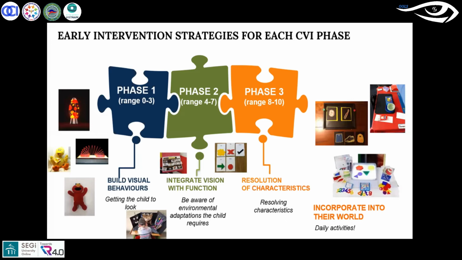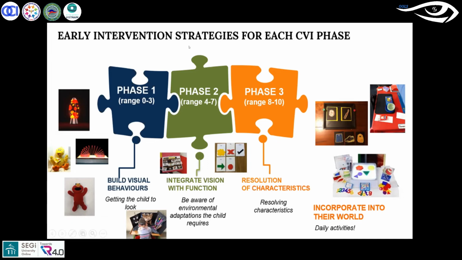For example, for a child classified in phase 1, our aim of the intervention is to build visual behaviors. From the child not looking at all, from just staring at lights, from just lying down looking through the wall, we want to make sure that the child has visual behaviors to look again, to have the routine of looking.